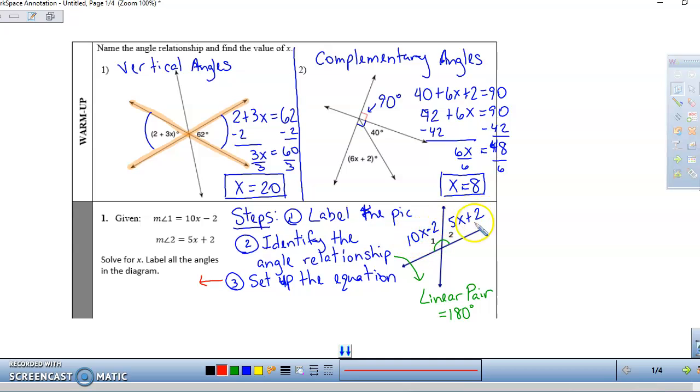So that means you take these guys, add them, equals 180. So I have 10x minus 2 plus 5x plus 2 equals 180. Okay, and then of course your fourth step is to solve for x. So we're going to do that here.